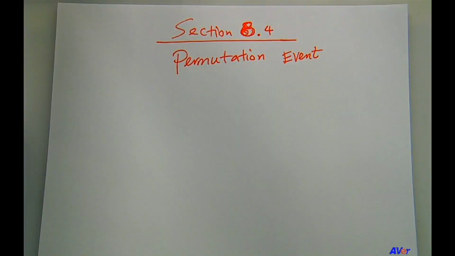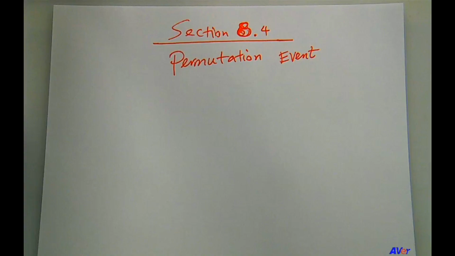Well, hello everybody. Welcome to our discussion of section 8.4, which is about the permutation event. So what is a permutation event? Let's first define it before we see some examples.